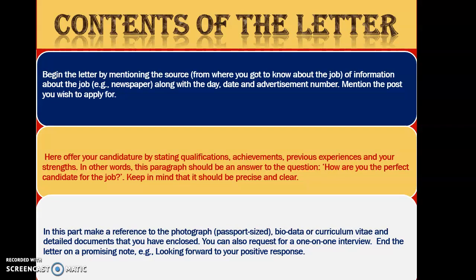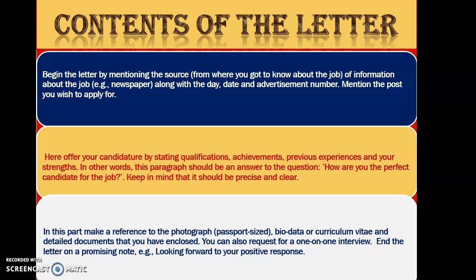Now, in the second paragraph, you offer your candidature by stating qualifications, achievements, previous experiences, and your strengths, in case you are not providing the biodata separately. If you are giving the biodata separately, all this has to be mentioned very briefly. In other words, this paragraph should be an answer to the question of how you are perfect for the job. Keep in mind that you should be very precise and clear.